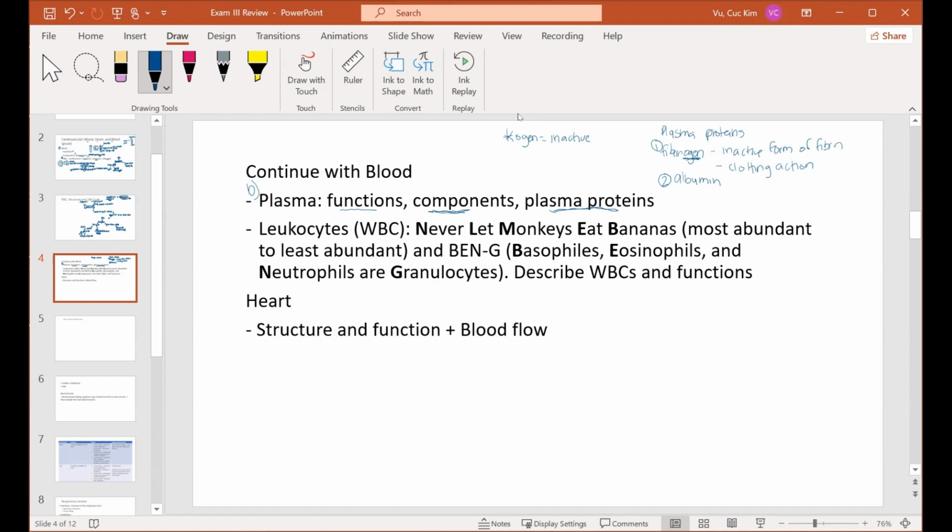Albumin is a plasma protein that controls or regulates osmolarity. In other words, the movement of water, and viscosity, how thick blood is.